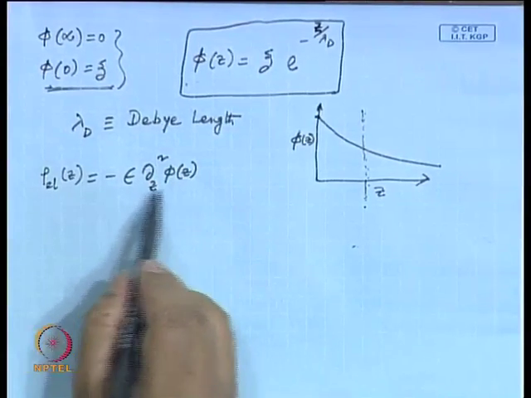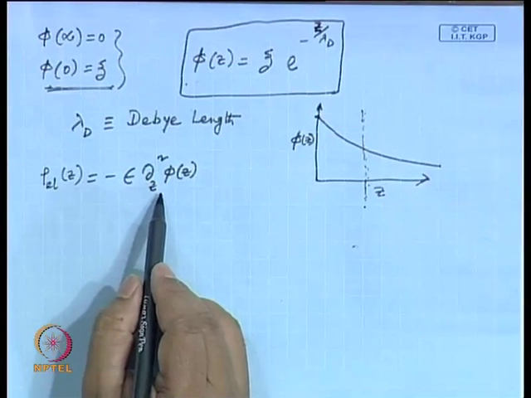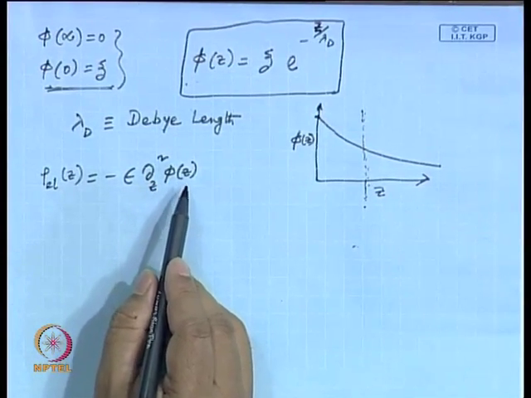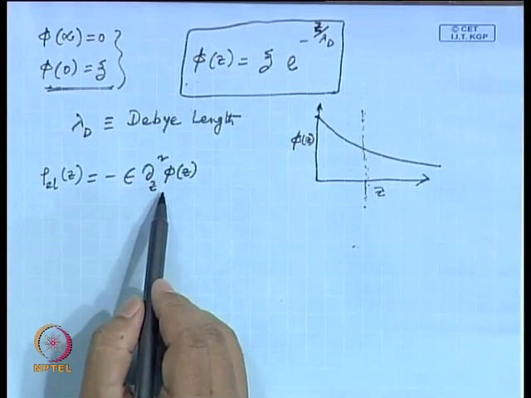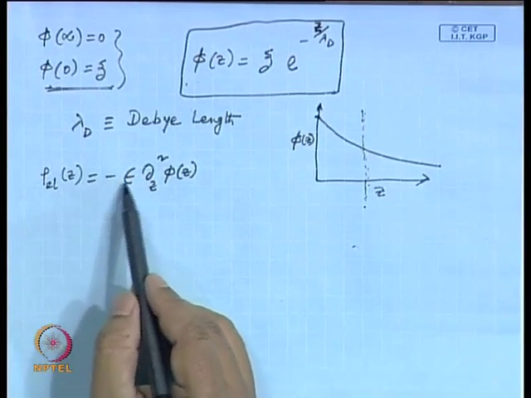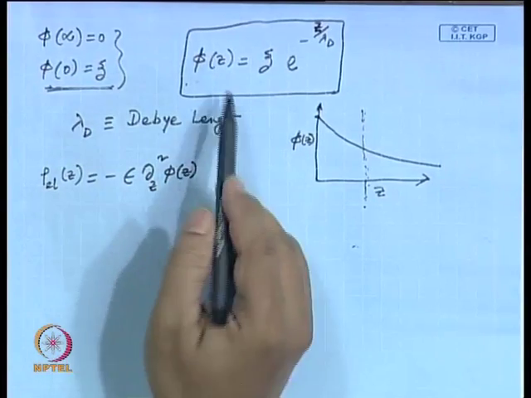That means this term is basically del square phi del z square. This is a notation a lot of physicists use. So, basically rho EL z is equal to nothing but minus epsilon del square phi del z square. And what would be del square phi del z square?